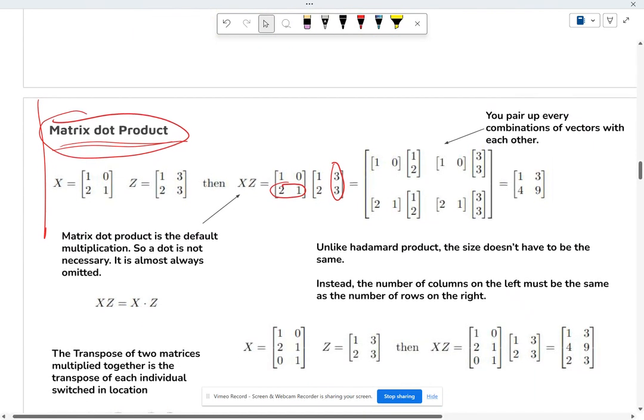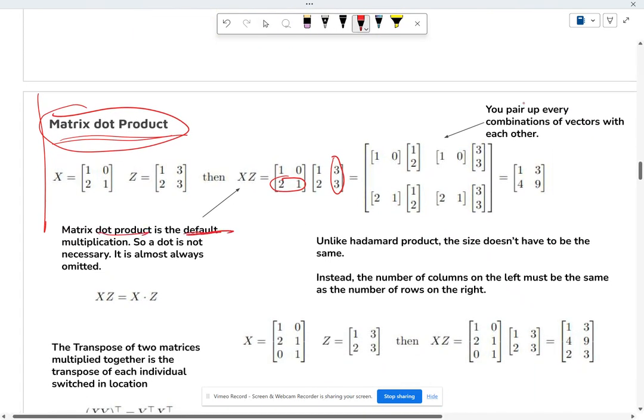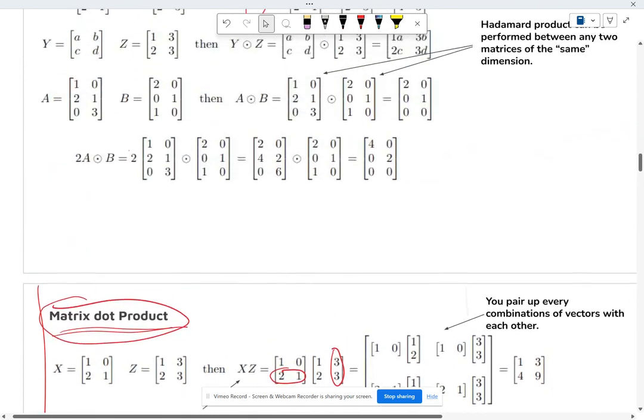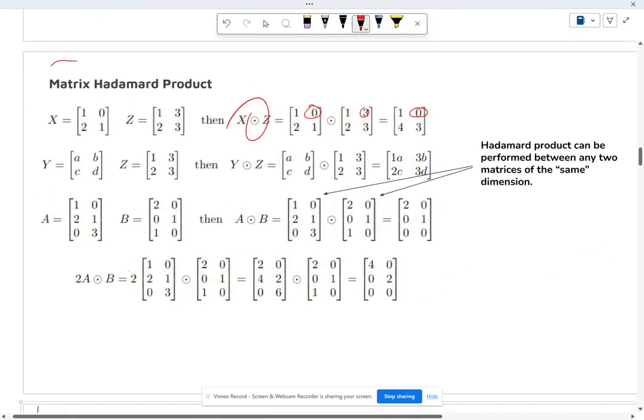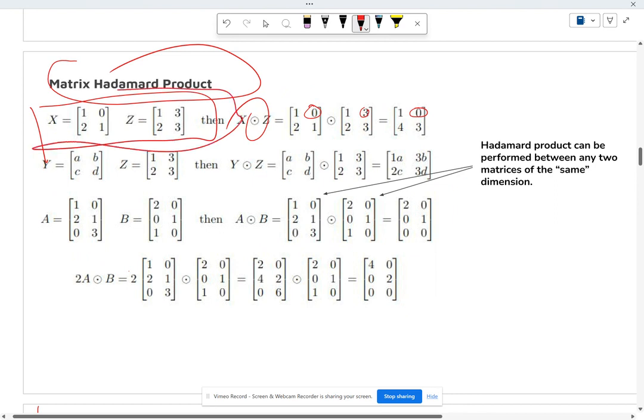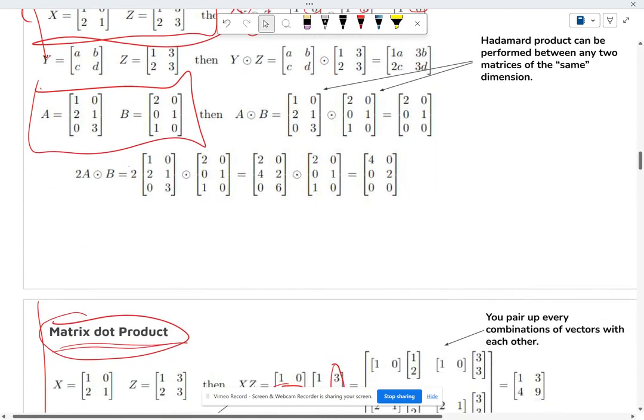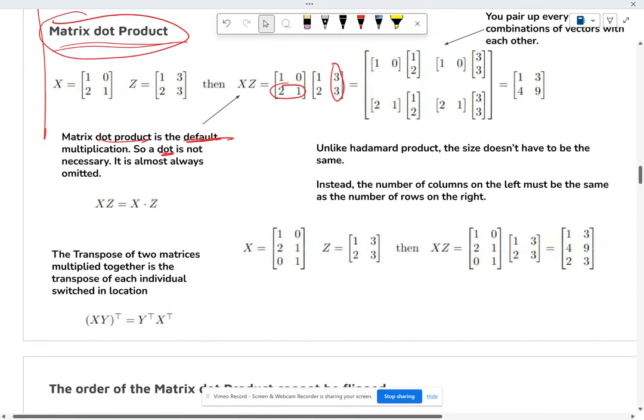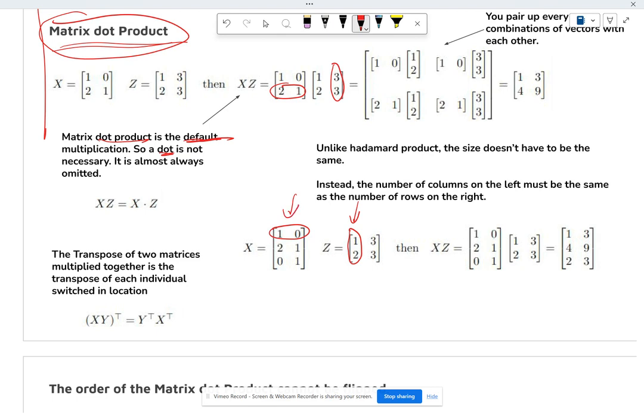So this is how matrix dot product works. I said it here, matrix dot is the default, so the dot is actually not needed. Now, the key here is notice that for the Hadamard product, the size of the two matrices has to be exactly the same. But with dot product, because you're doing this and this, you need to make sure that the number of rows is the same as the number of columns here.